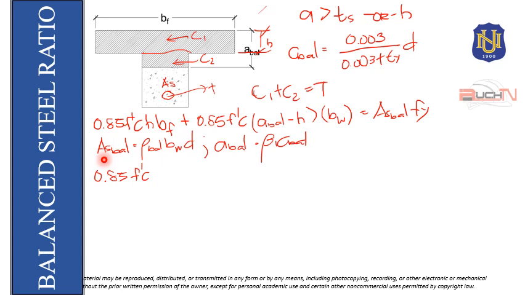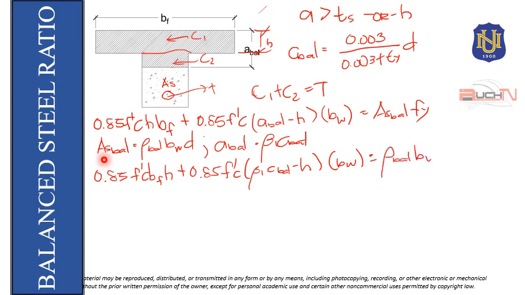Then, that is B_F times h plus 0.85 f'c, that is beta 1 C balance minus h, times B_W, is equal to rho balance B_W d f_y.